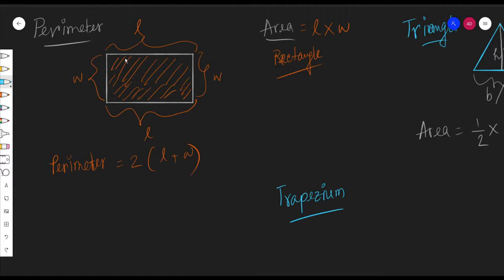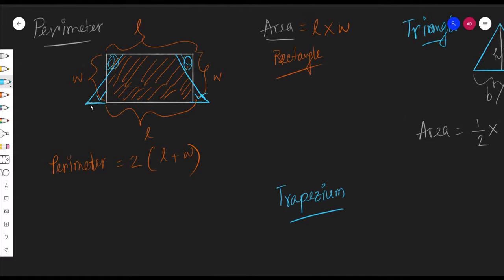Let's say this one is the rectangle, and the trapezium will have a shape like this. You can see this shape is not attached to the trapezium, and this shape is not, but these two shapes are covered with these sides.